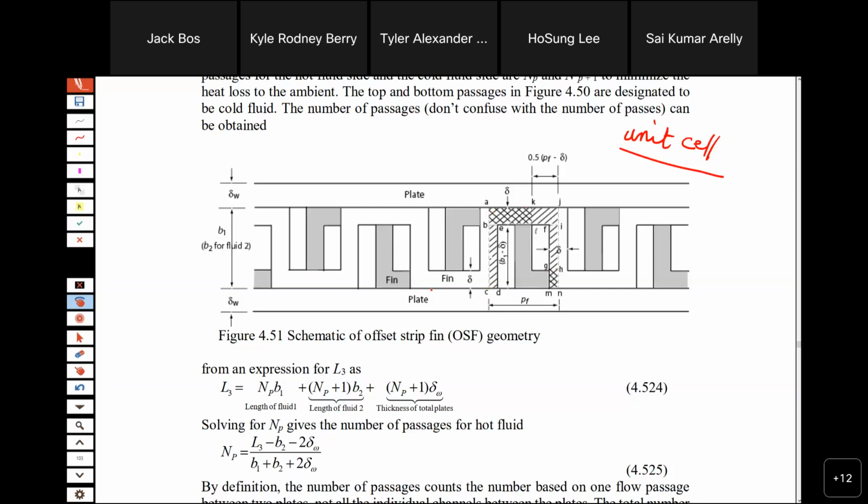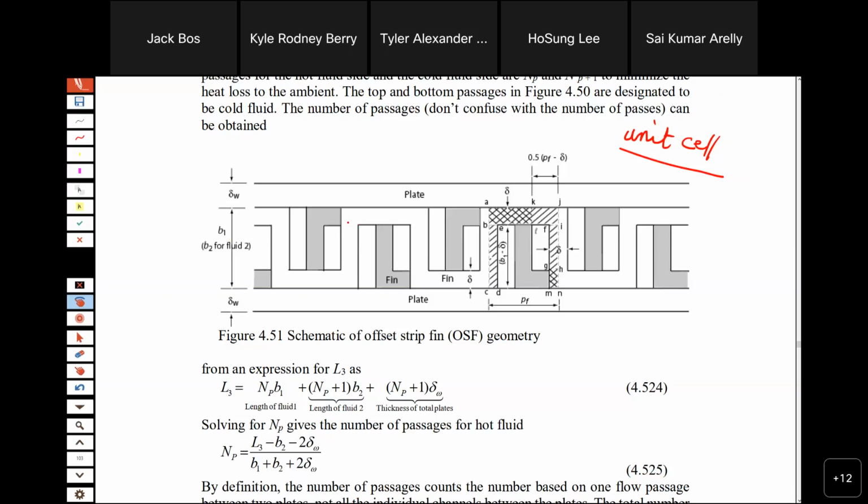If you carefully look at it, the plate thickness is delta W, and the fin, actually this is the continuous fin, has thickness delta. Each flow passage is like a fin.